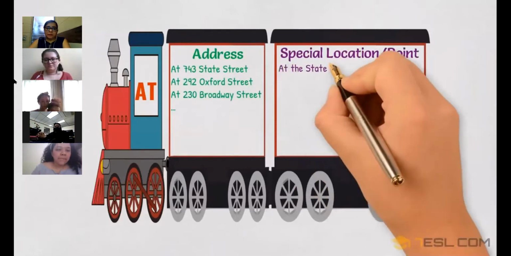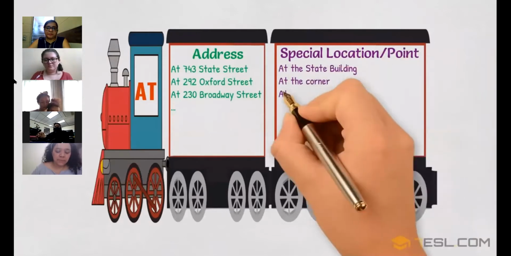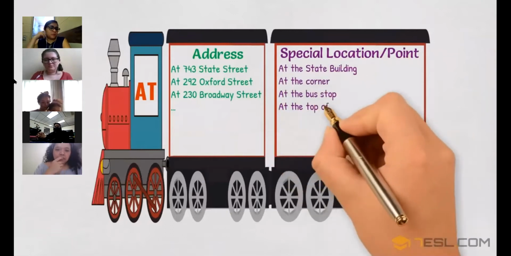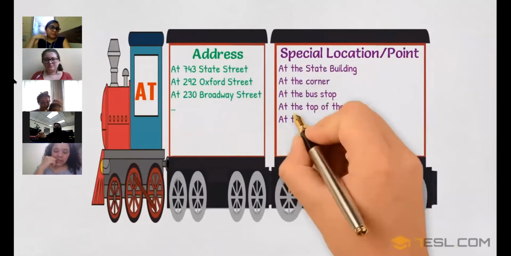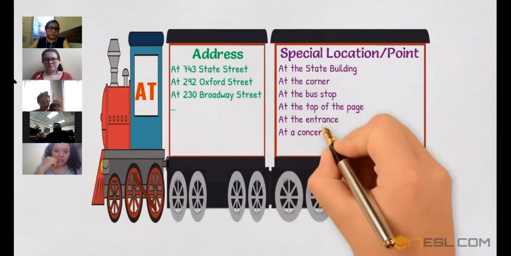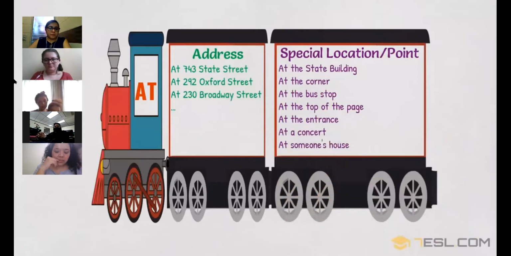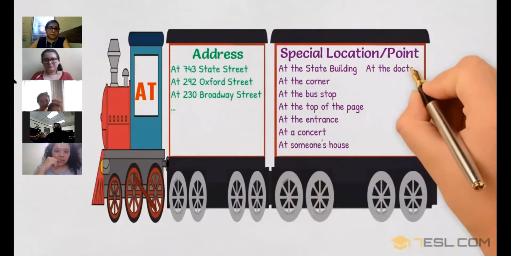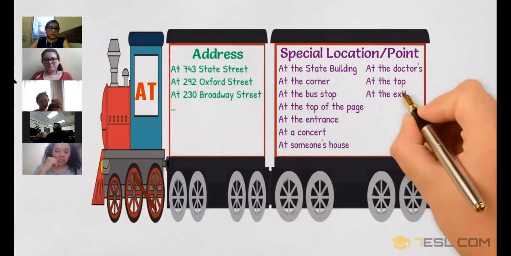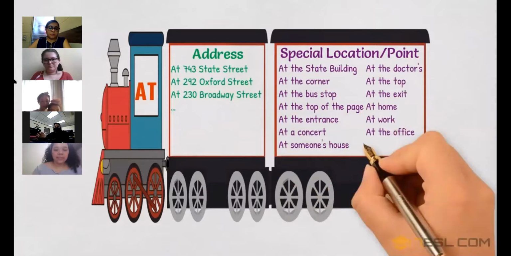At the State Building. At the corner. At the bus stop. At the top of the page. At the entrance. At a concert. At someone's house. At the doctor's. At the top. At the exit. At home. At work. At the office.